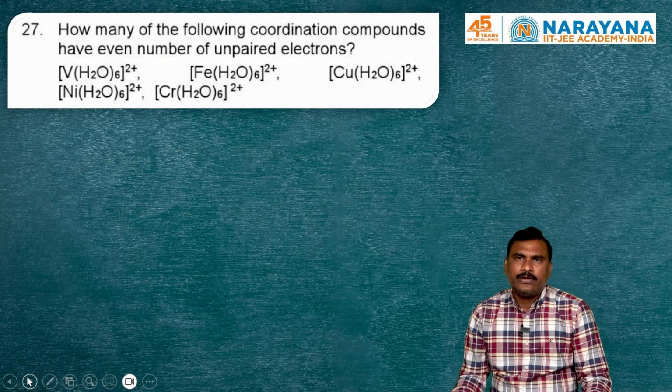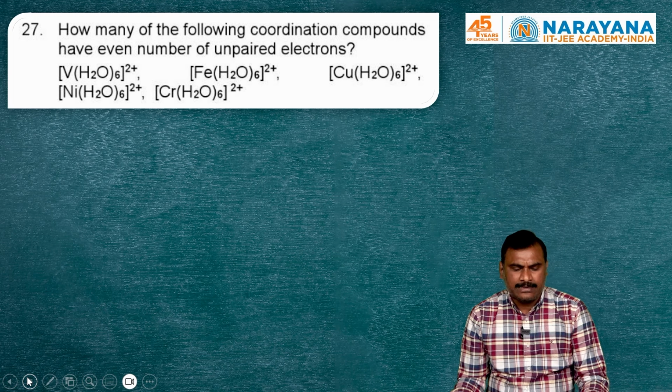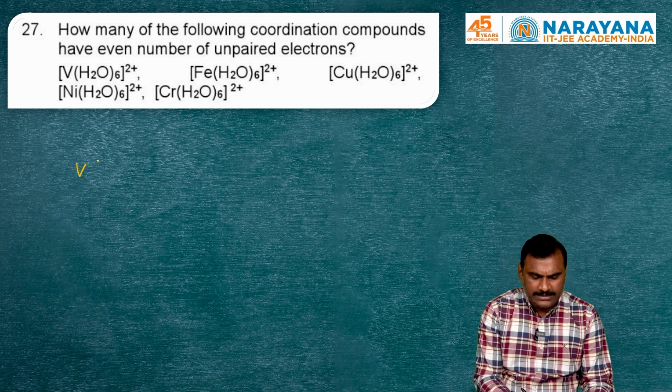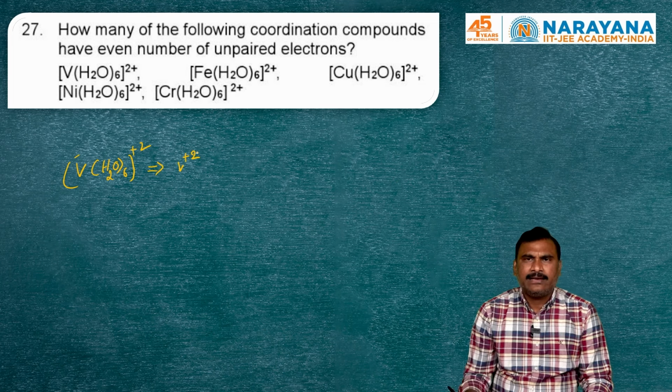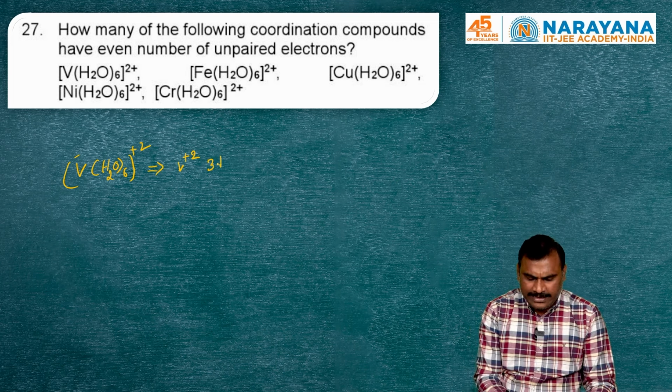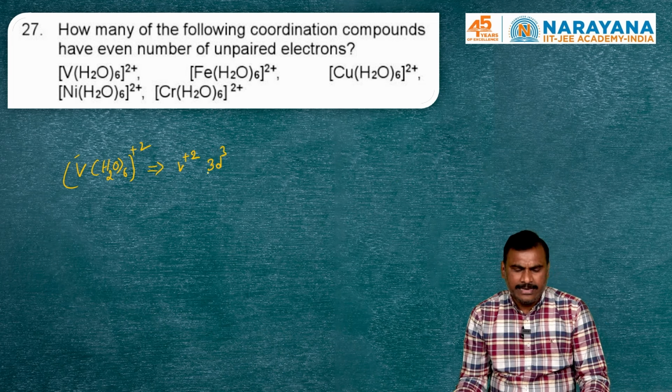How many of the following coordination compounds have an even number of unpaired electrons? In the first complex, V(H2O)6 2+, water is a weak field ligand. Vanadium plus 2 is 3d3, that is why it has 3 unpaired electrons.